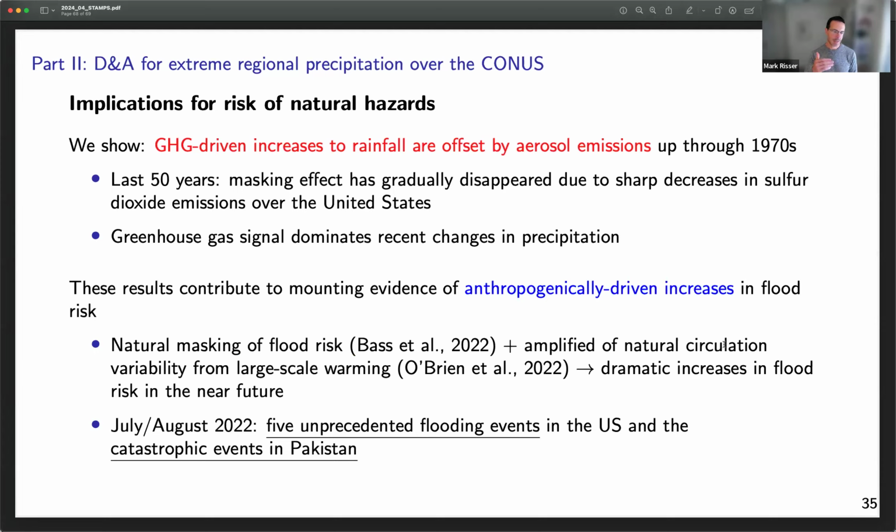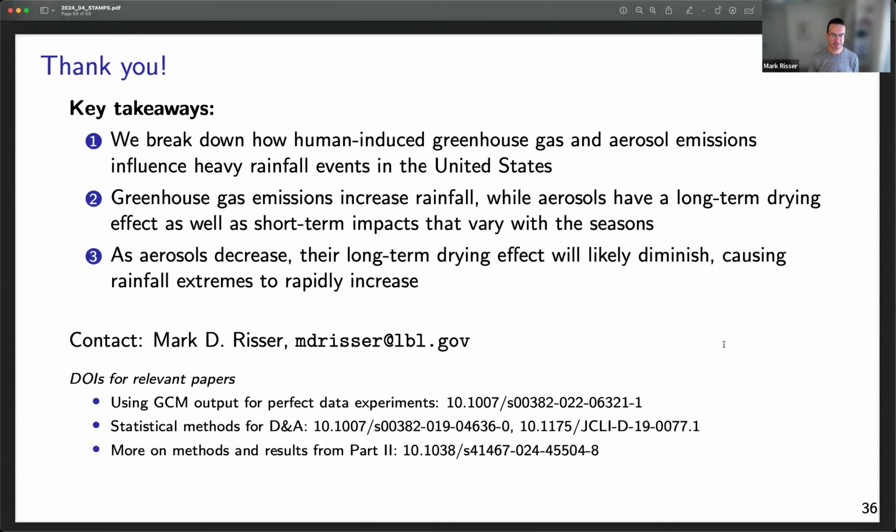If you go back to summer of 2022, there were 5 unprecedented flooding events in the U.S. There were 5 1,000-year storms that all happened in the course of a few weeks and caused crazy flooding. There were catastrophic events in Pakistan, and we could probably pick out examples from the last year as well. But this is what these results suggest for changes to flood risk.